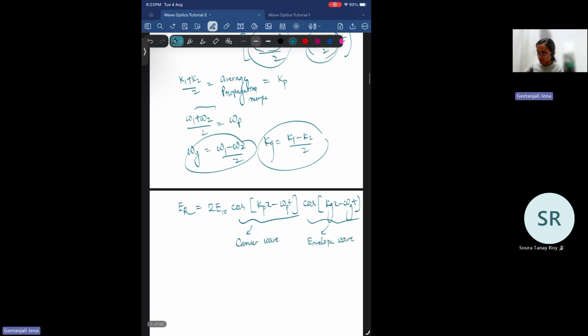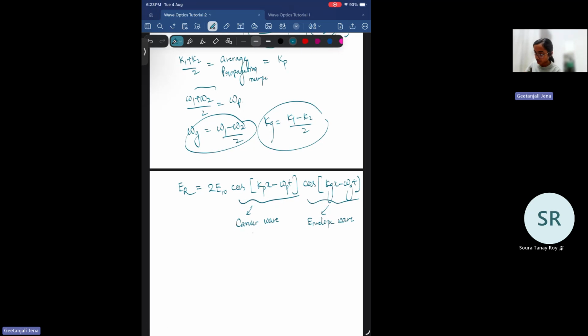The carrier waves have the average frequency and the average propagation number. The velocity of this carrier wave we call the phase velocity, which is given by omega p by kp. For the envelope wave, it has the modulation frequency as well as the modulation propagation number, and its velocity we call the group velocity, which is omega g by kg.